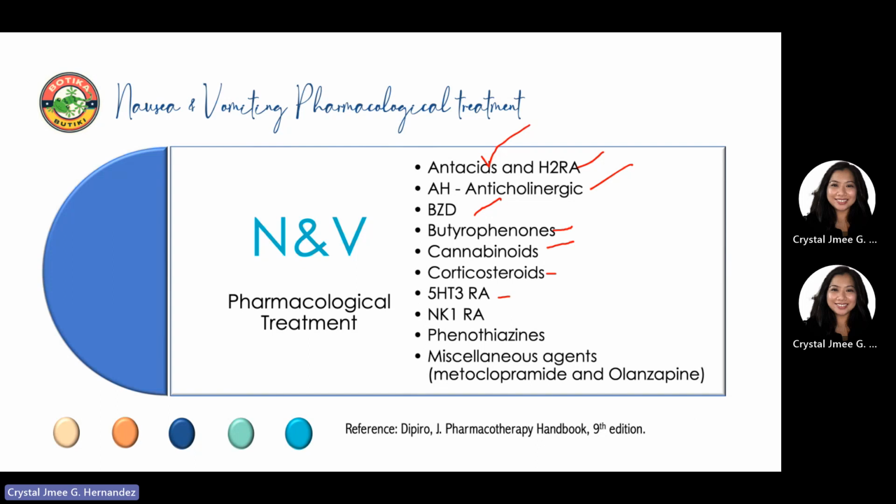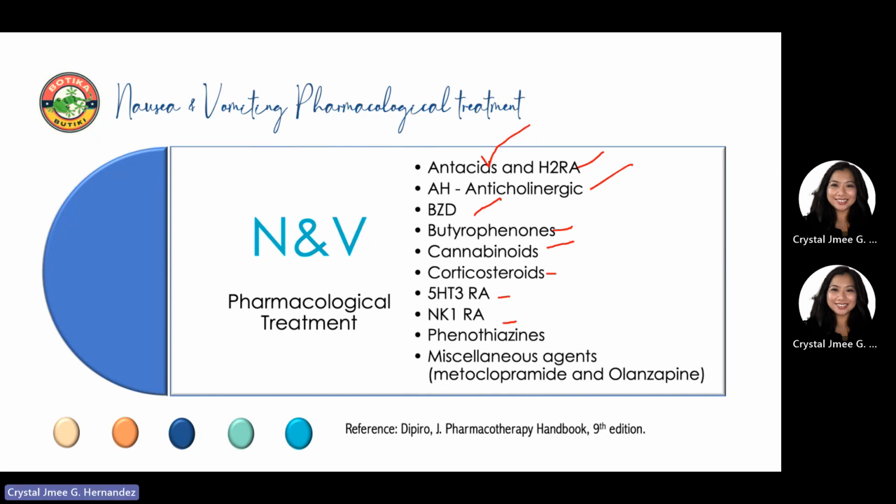We use them in CINV, PONV, and even radiation-induced nausea and vomiting. Common side effects of this treatment are constipation, headache, and asthenia.